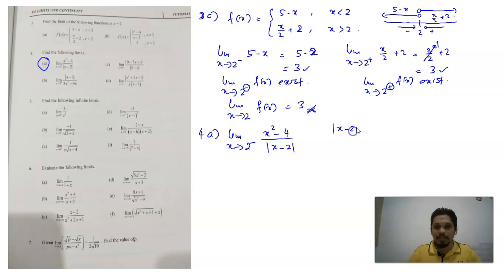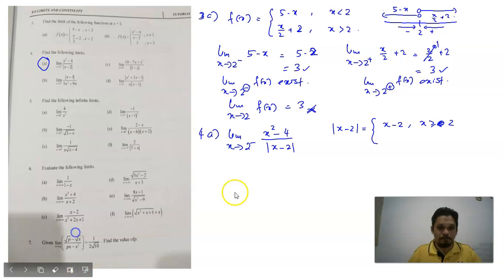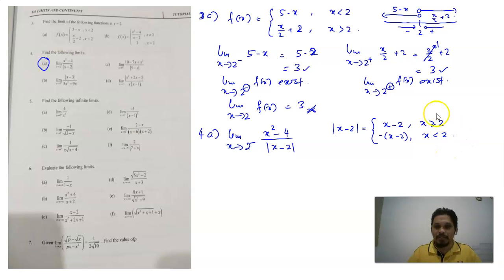The modulus of x minus 2 will divide into two parts, two definitions. First is x minus 2 for x greater than or equal to 2, and then negative of x minus 2 for x less than 2. So this is the domain for this and this.